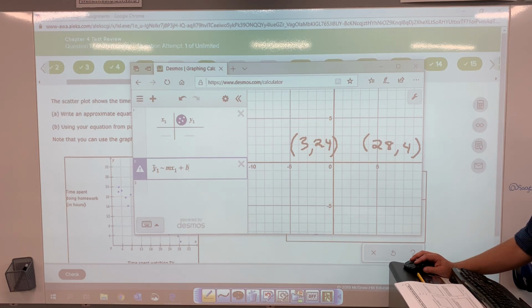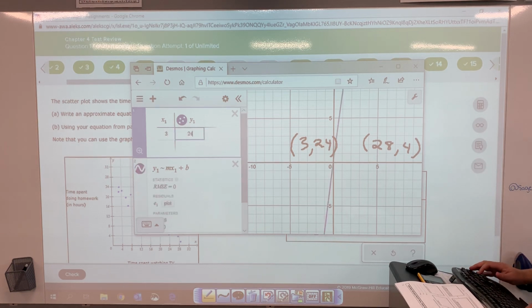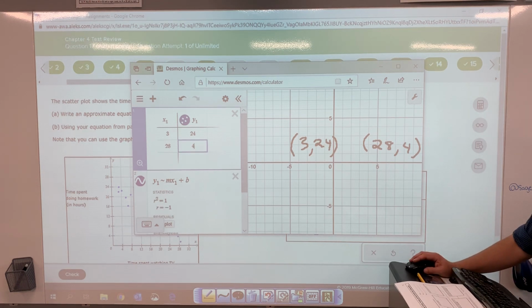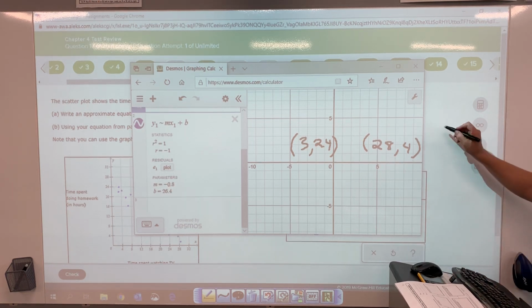So here's my formula. Remember, it's y1 squiggly mark mx1 plus b. Now I put in my 2 points, 3, 24 and 28, 4. And ladies and gentlemen, that was perfect because that's a perfect line. It gives me my m and my b. So I'm going to write it over here.